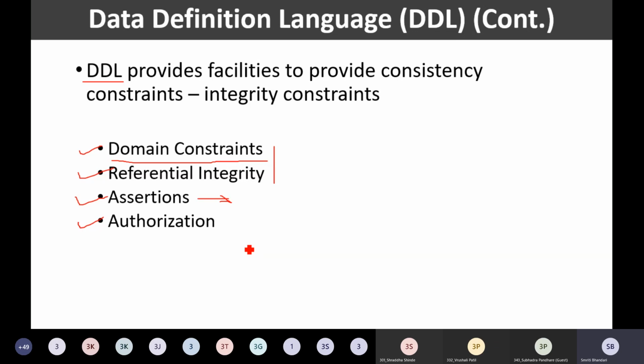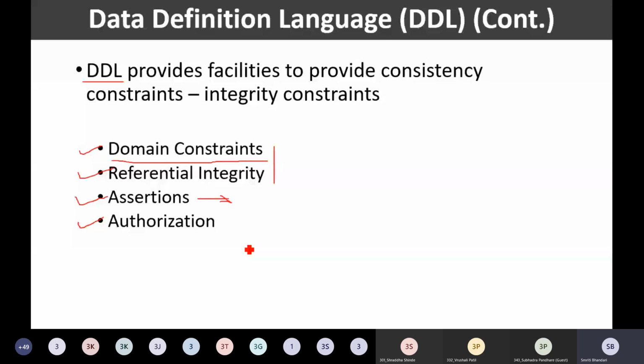If the user has update authorization, they are allowed to modify the data, but not to delete it. If the user has delete authorization, then that user is allowed to delete data from the database.